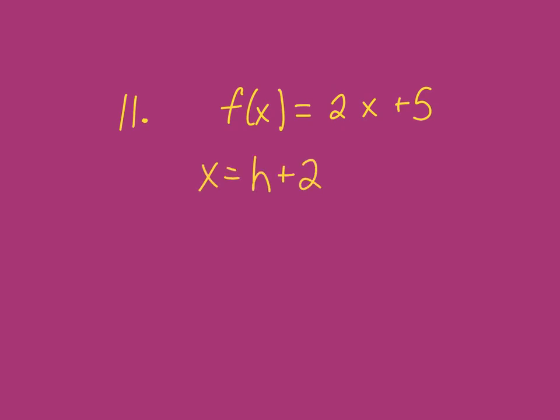So go ahead and flip to number 11 first. It says evaluate the following function f of x equals 2x plus 5 when x equals h plus 2. What do you think I'd do here?